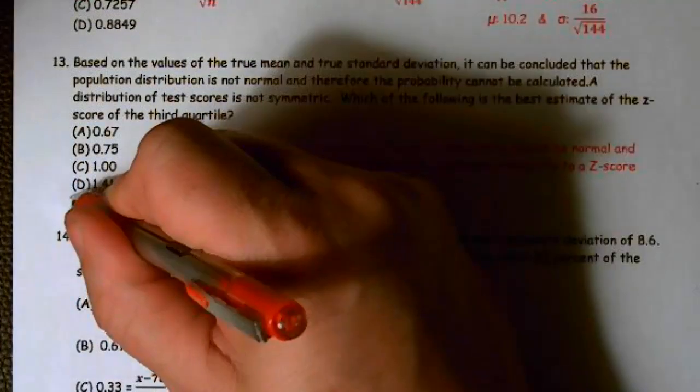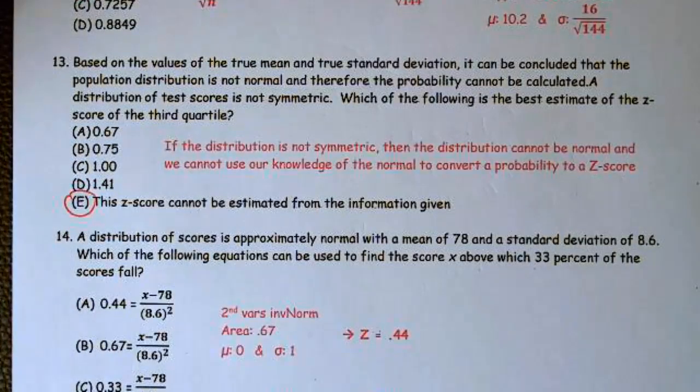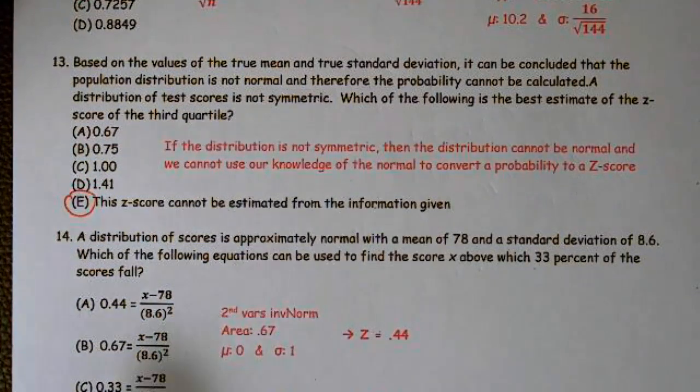You can calculate a Z-score of any distribution, but you can only assign normal probabilities if the distribution is normal. It could be normal because the underlying distribution is normal, or because the distribution of means is approximately normal by central limit theorem. But in this case, the underlying distribution is not normal, so we can't do it.